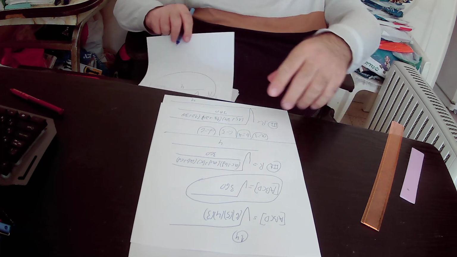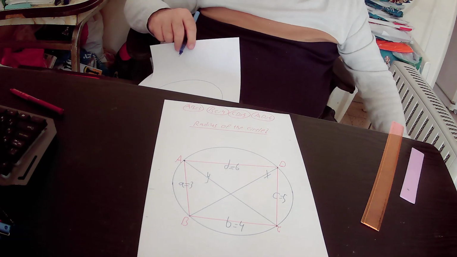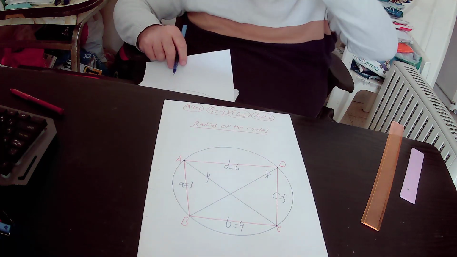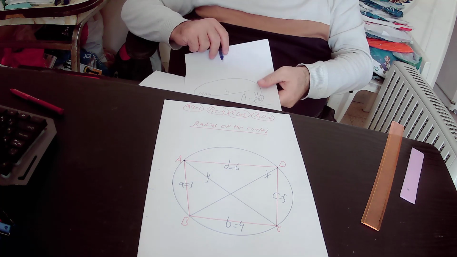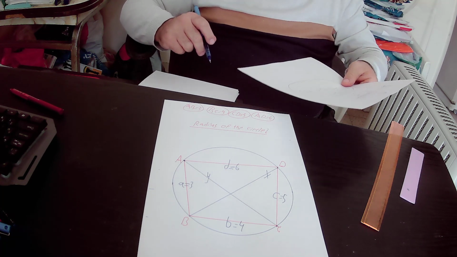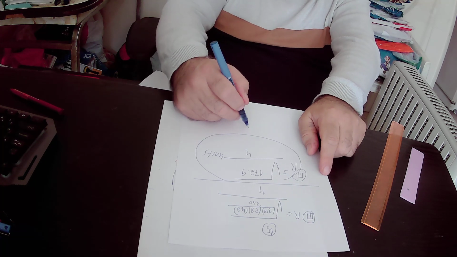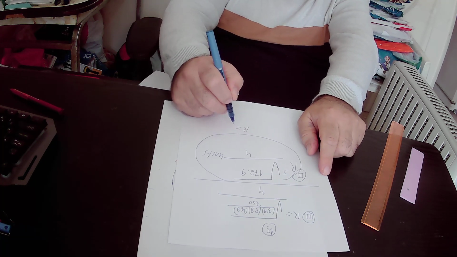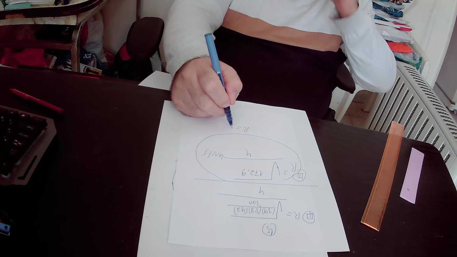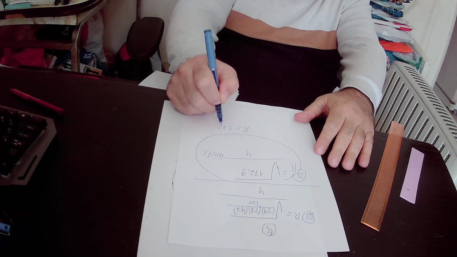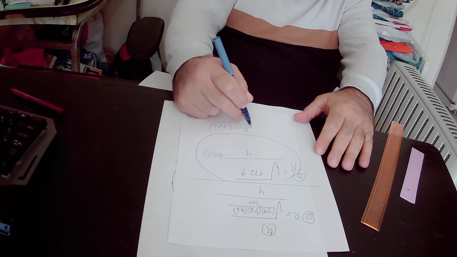So the radius of this circle equals the root of 172.9 over 4 units, or in terms of numbers, the radius of the circle will be equal to 3.287 units.